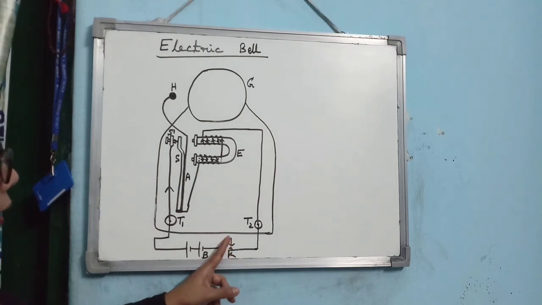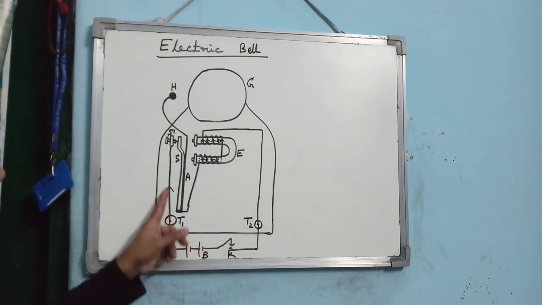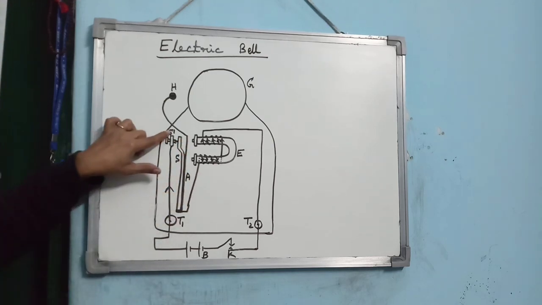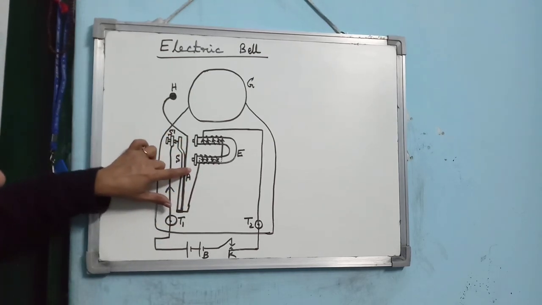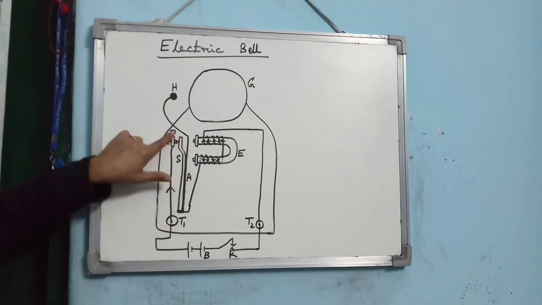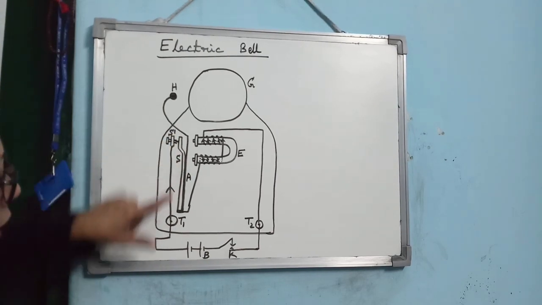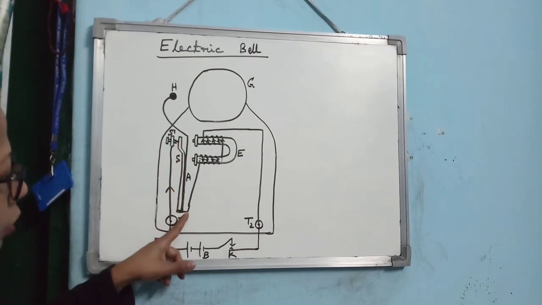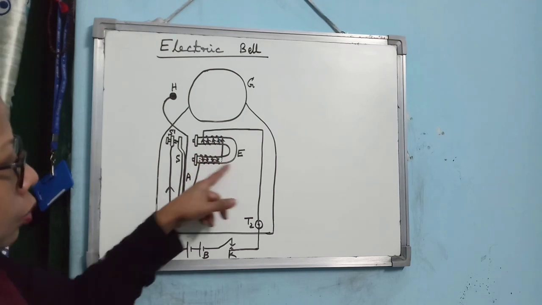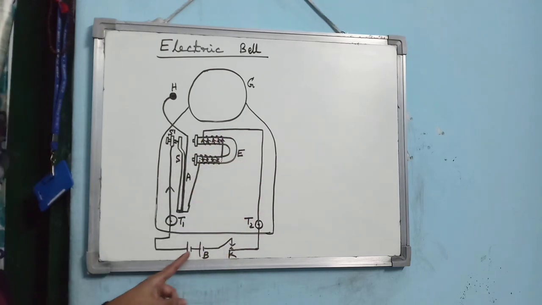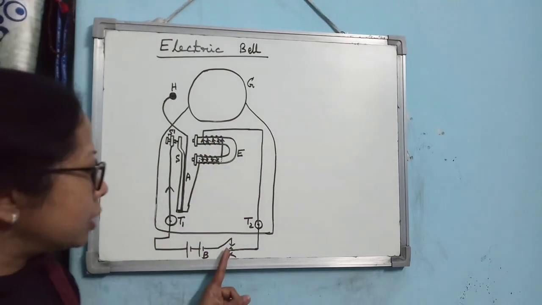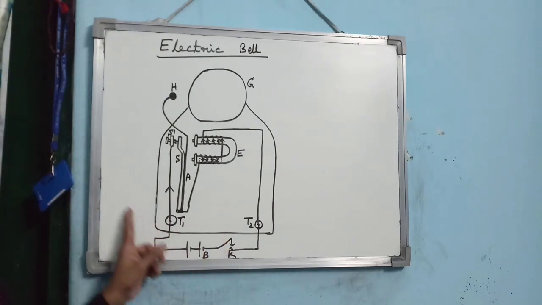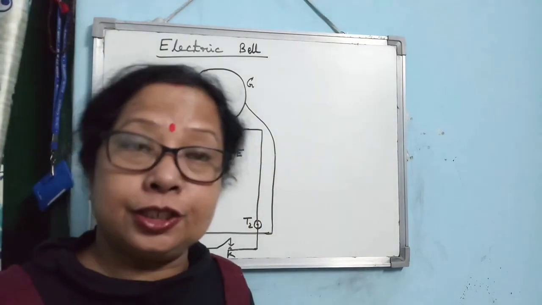Just look at this: the circuit is completed, the adjusting screw is touching the armature and the metal strip, and then current is passing through this, and through the electromagnet it is passing and going back. It means the moment the switch is on, the electric circuit is completed.